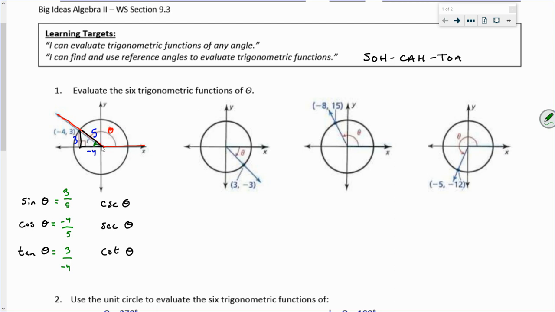Cosecant is the flip of sine, so instead of opposite over hypotenuse, it will be hypotenuse over opposite. Instead of adjacent over hypotenuse, as in cosine, secant will be hypotenuse over adjacent. And cotangent, instead of opposite over adjacent, will be adjacent over opposite. So that's what we're looking to do right now.